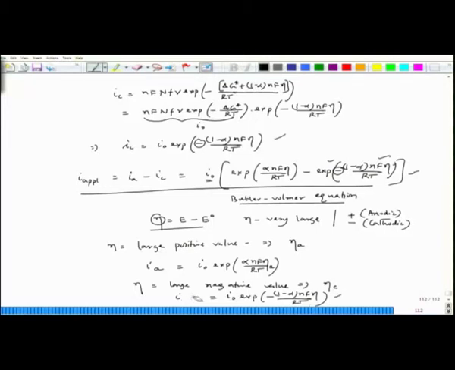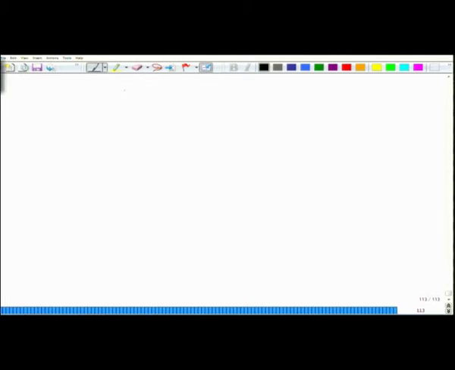So, at that time we can write it as IC, and this would become eta C. So, now we have two equations, one is IA equal to I0 exponential alpha NF eta by RT, which is A. Another way, IC equal to I0 exponential minus 1 minus alpha NF eta C by RT.